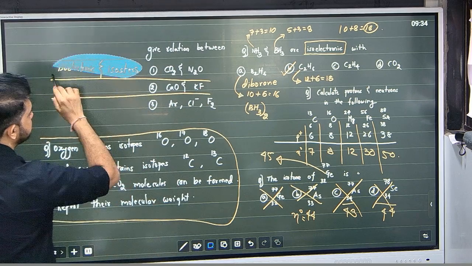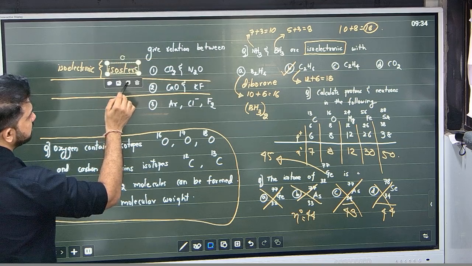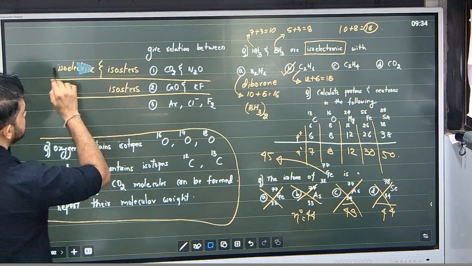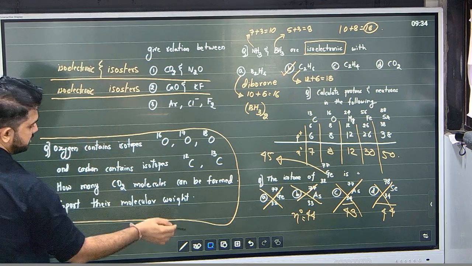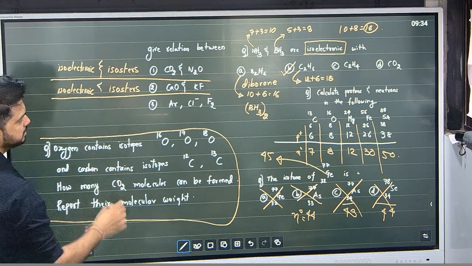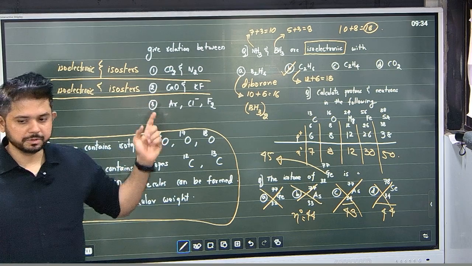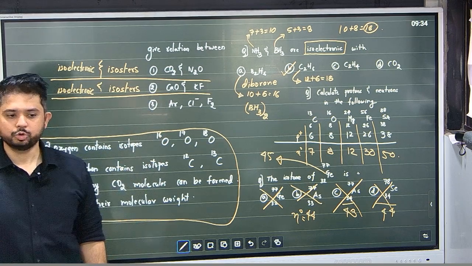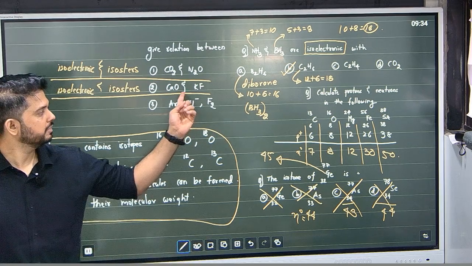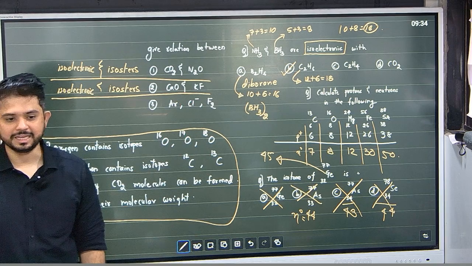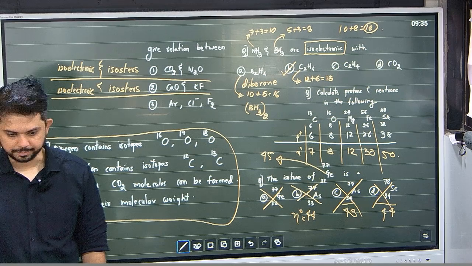Same. They are isosters and isoelectronic. Same number of electrons, we have to count. Calcium has 20 electrons. Oxygen, 8, total 28. Potassium, 19. Fluorine, 9. 28. Same. Easy.